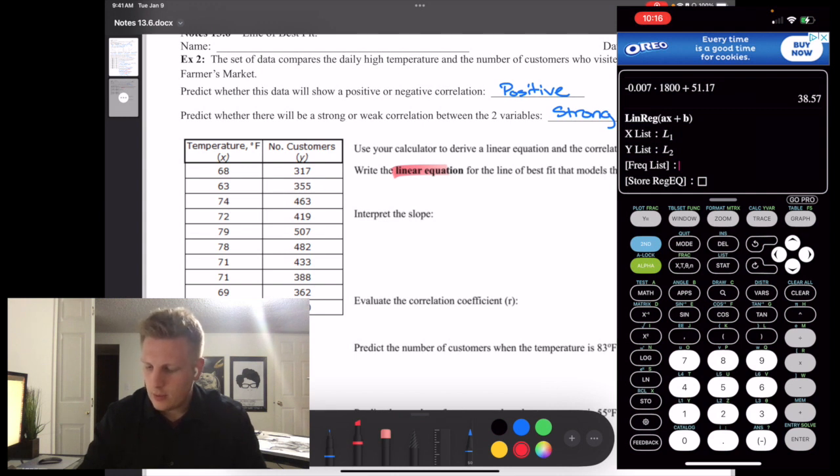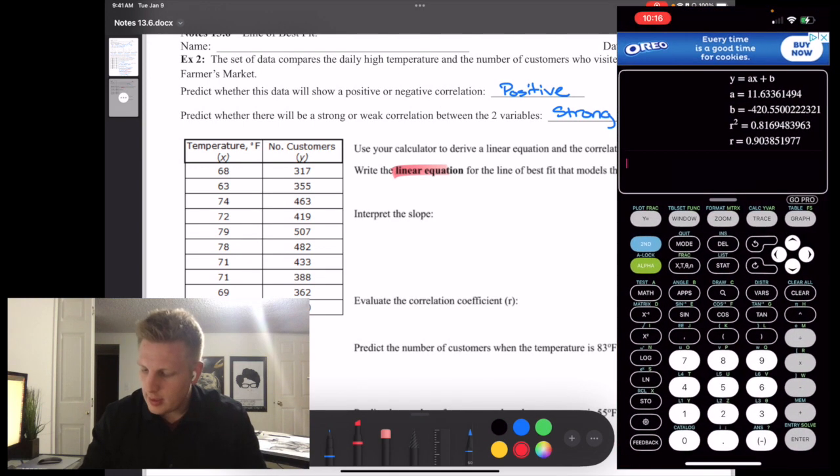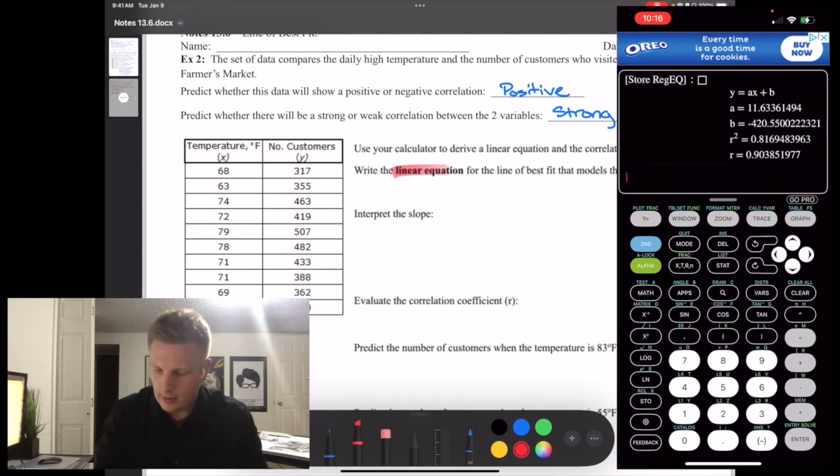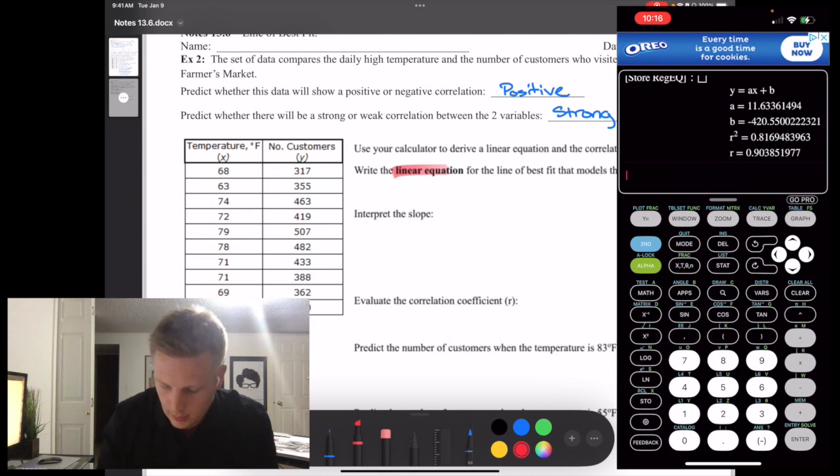X is L1, Y is L2, and I'm going to hit enter here. Let's see what we get. My equation looks like I'm going to have a nice y equals. My a this time is 11. Let's just go 2 decimal places, so 6.3. Then I have my x, and it looks like my b value this time is a nice big negative number. And there we go.